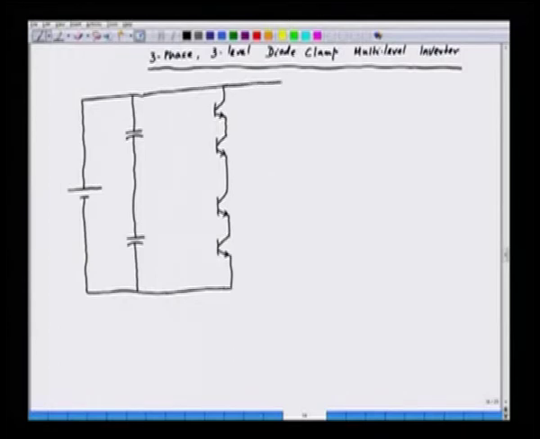This is one leg, second leg, this could be for phase B, and then we have the third leg here.